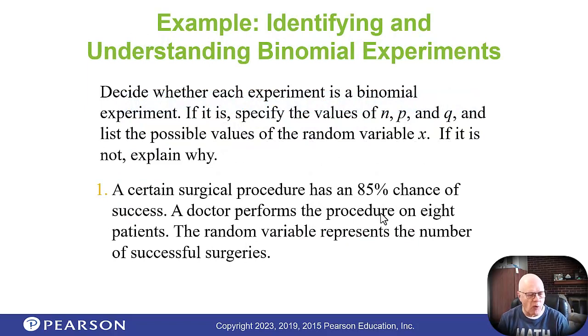So those are the four numbers you're going to need. When you calculate most of these, you're going to need n, p, q, which you can find by using p, and x, your focus. First of all, let's get this down properly.